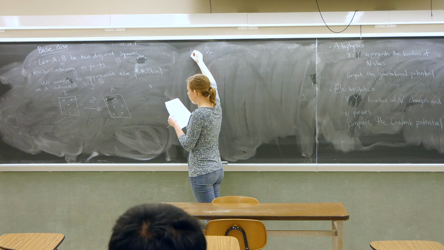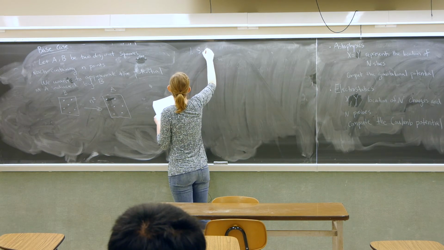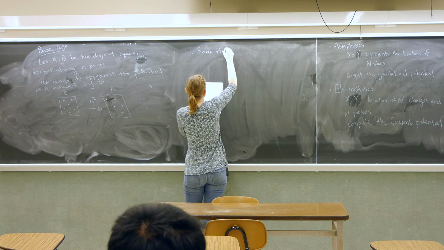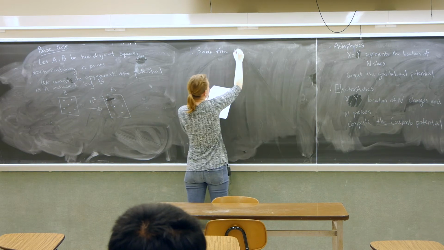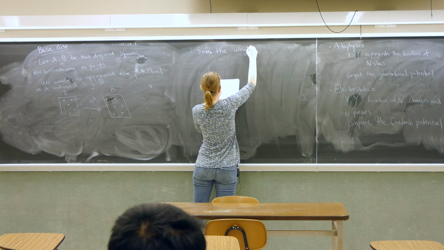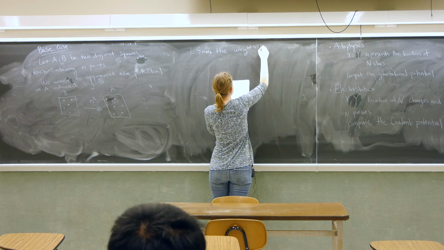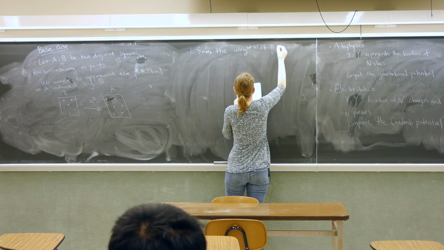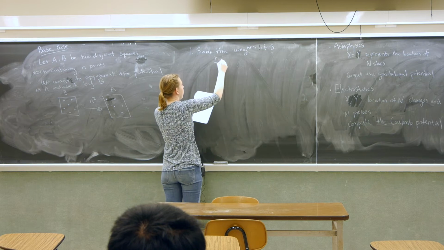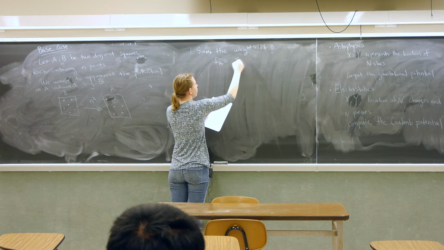So the first step is we sum the weights of B to get FB.